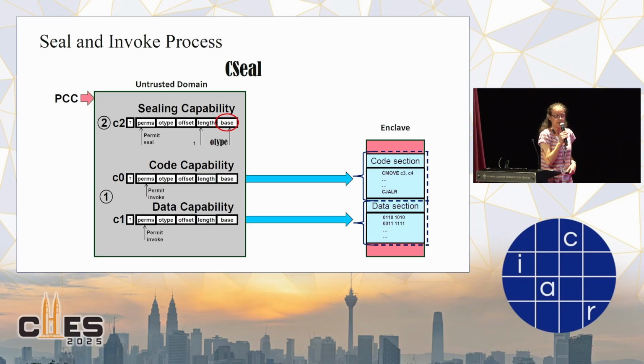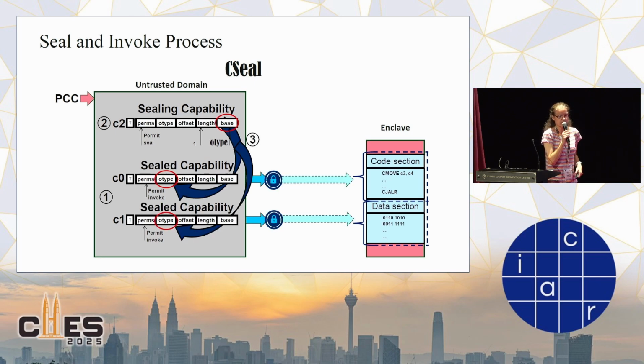This is a unique identifier used for your sealing process. You can think of this sealing capability as a key which locks or unlocks access to that memory area. During the sealing process, the otype is copied into the otype field of both the code and data capabilities. This seals both of them into a sealed capability pair so that they can no longer have direct access to the code and data sections in your enclave.